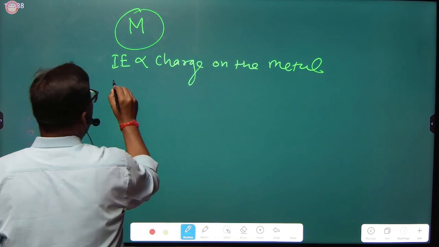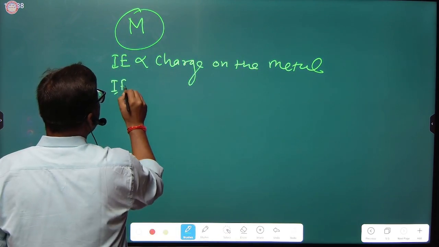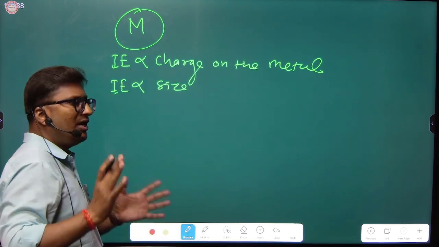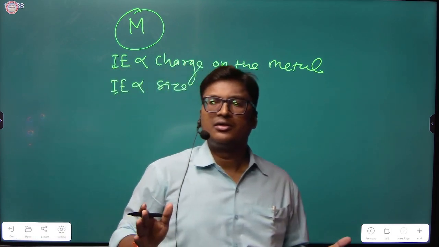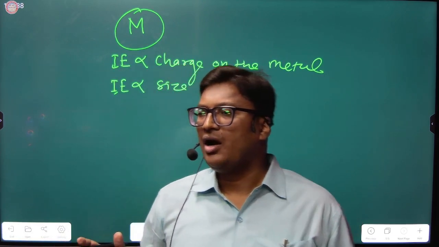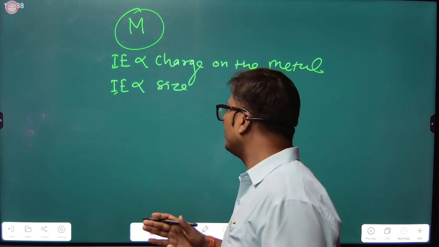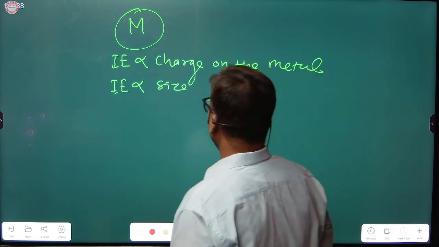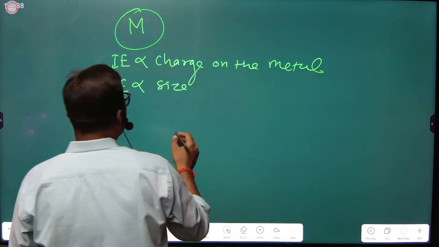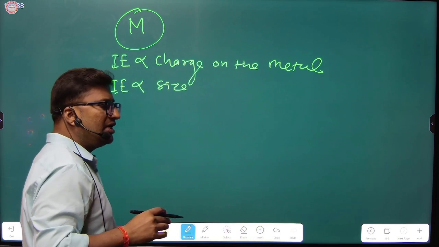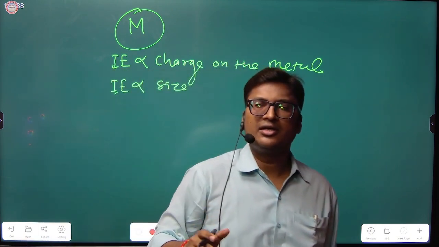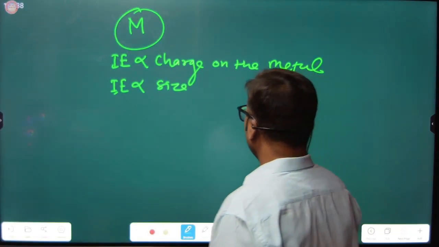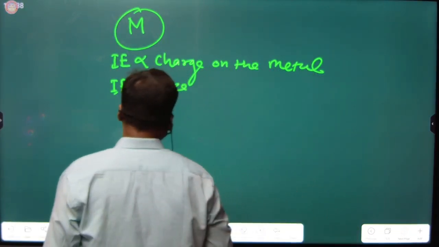Size: a smaller size alkali metal or any other element possesses more ionization energy, and bigger size alkali metals require small ionization energy.